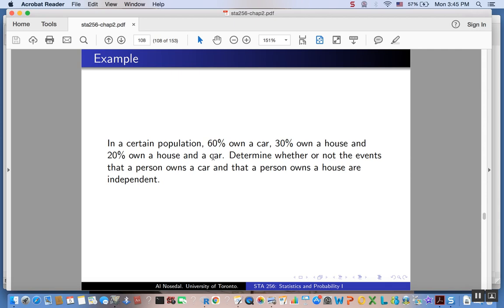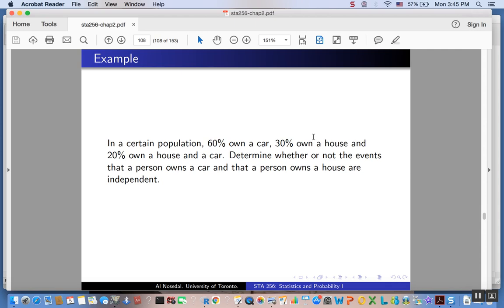What we would like to know is whether or not these two events, owning a car and owning a house, are independent.